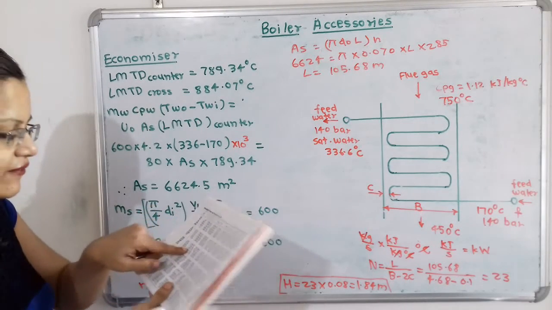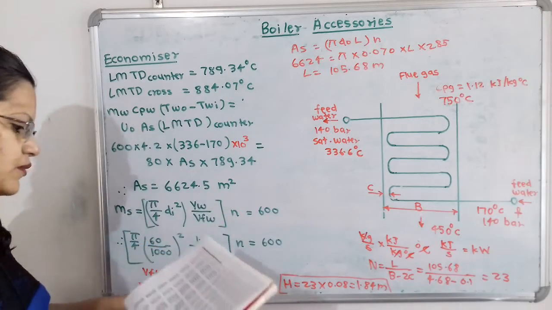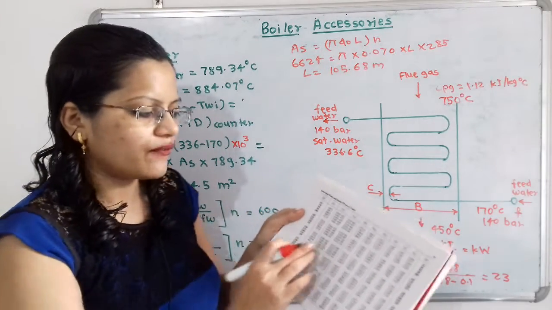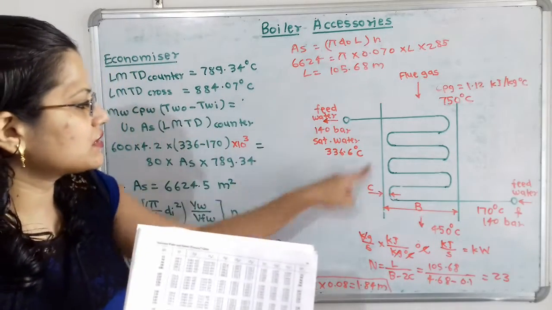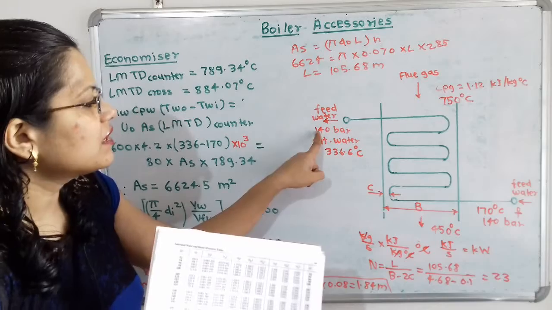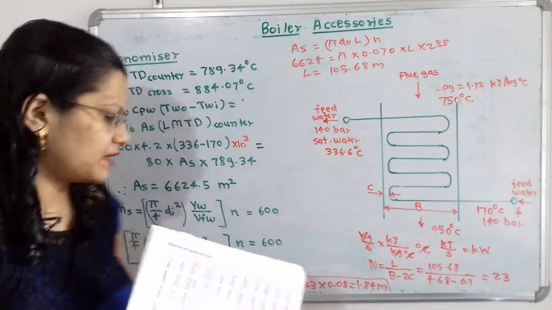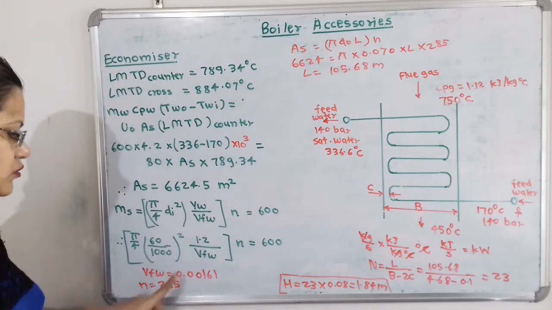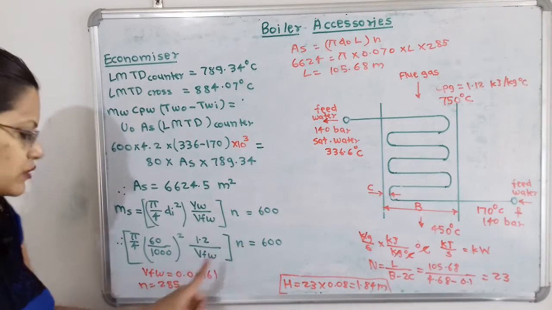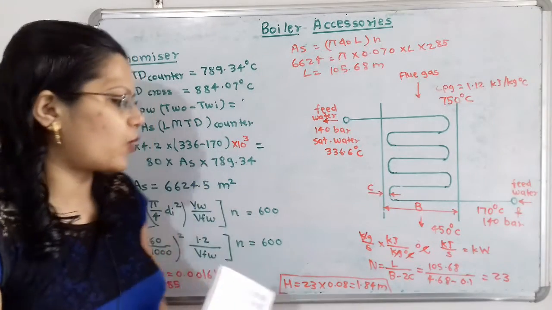That is Vf is given 0.00161. So here it is given for the 140 bar. So we have to refer the pressure table, because here for given condition saturated water is there and pressure is 140 bar multiplied by N. So all the values are known, so we can calculate this unknown value, that is N, that is equal to 285. So these are the number of coils.